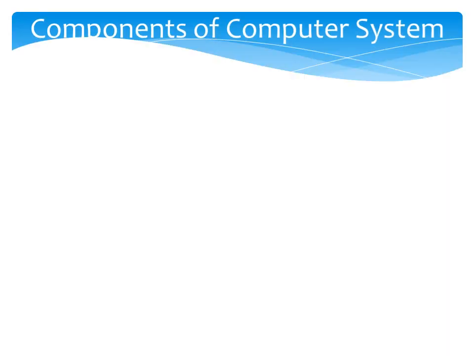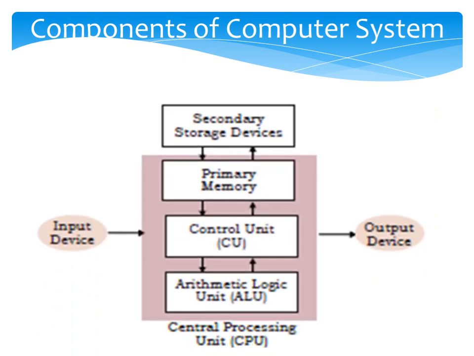Computer hardware is also known as the components of computer. This block diagram shows the various components of computer system. Here the arrows shows the flow of data and signals between the components.